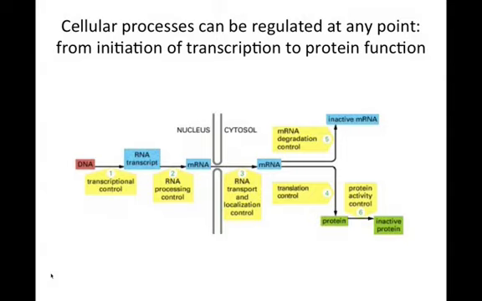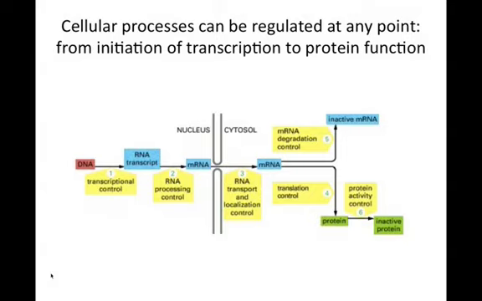Okay, so this is what we're talking about. You can get regulation at many different points. You can get regulation in terms of transcriptional control, so whether or not a gene is transcribed. You can get regulation in terms of RNA processing control, so alternative splicing, RNA editing.